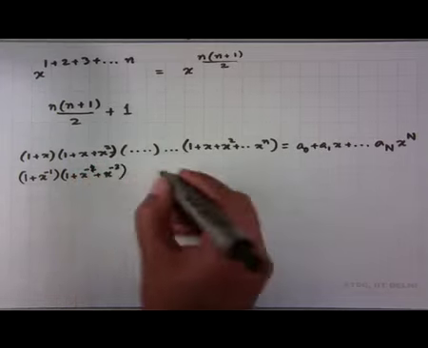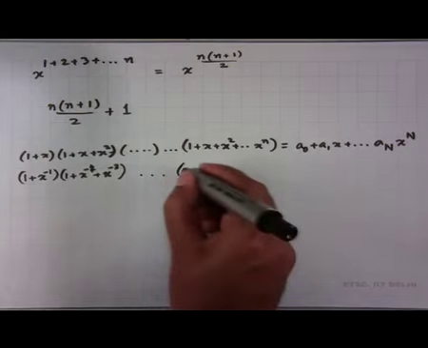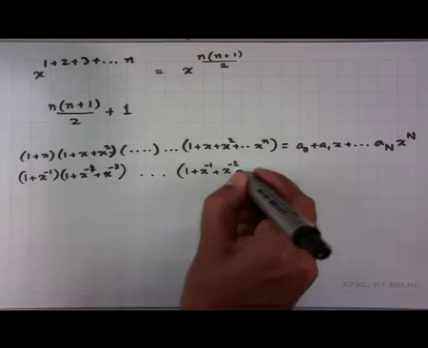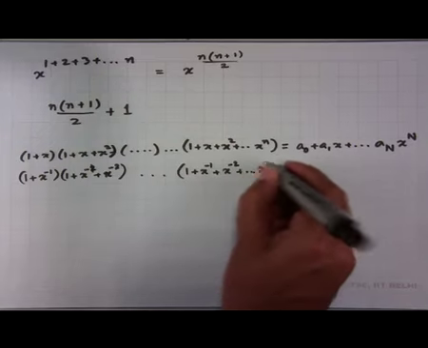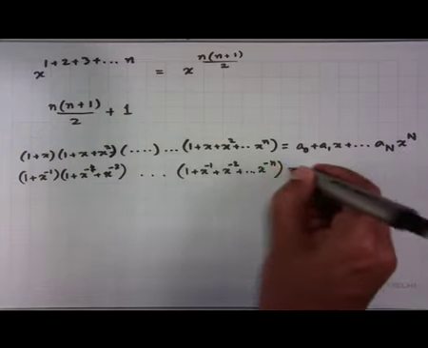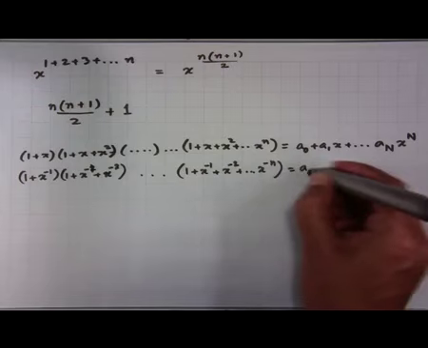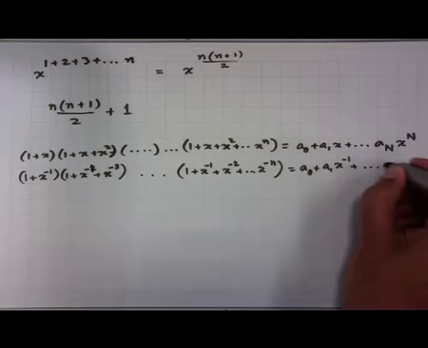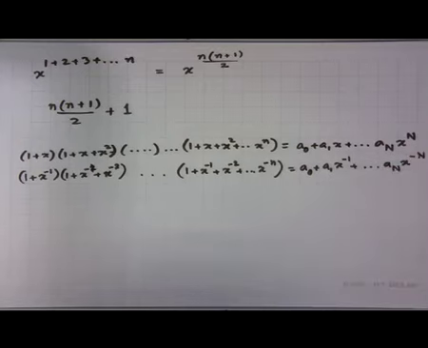So, replace x with x to the power minus 1. That will automatically be a 0 plus a 1 x^(-1) up to a n x^(-n), right. No surprises there.